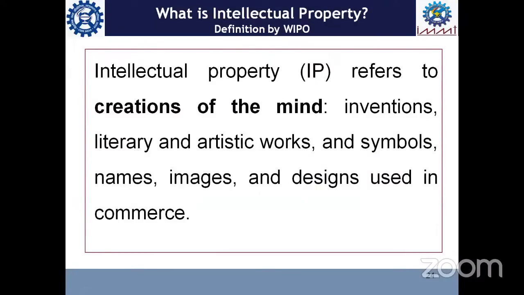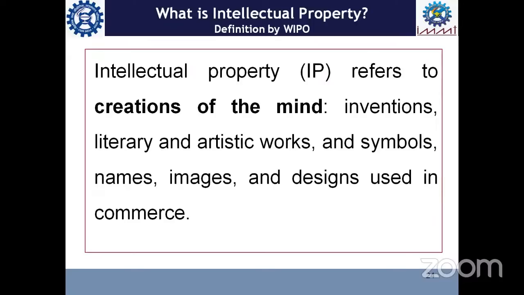And coming to the definition, WIPO, the World Intellectual Property Organization, defines IP like this. Intellectual property refers to creations of the mind. What do we create from the mind? We can hardly generate thoughts. Good. But it is not just generating the thoughts. Your thoughts need to be put into practice.